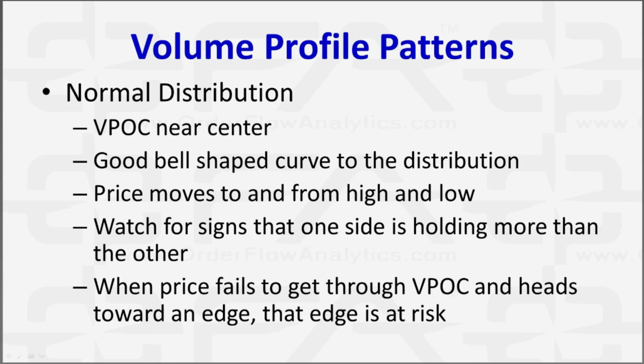So if there is an LVA from the previous night's session, let me go back and look. I want to make sure I answer the question, because some of you really are interested in trading at night, in the overnight. There was a low volume area this morning at 27.75 from the overnight Globex session.